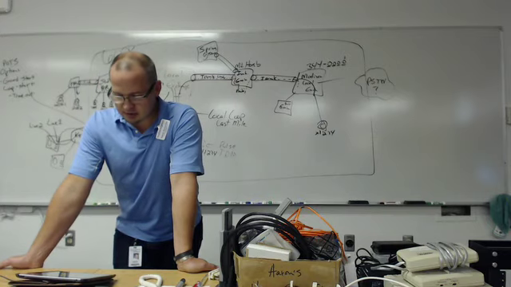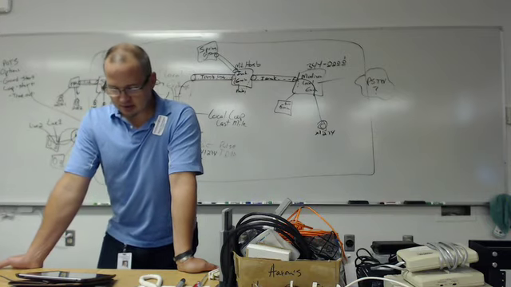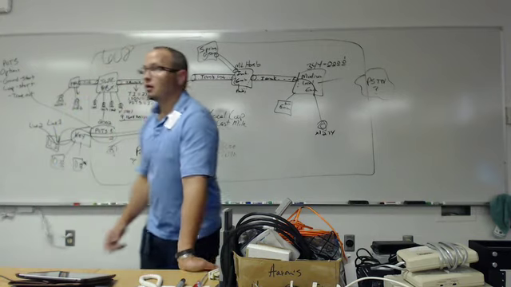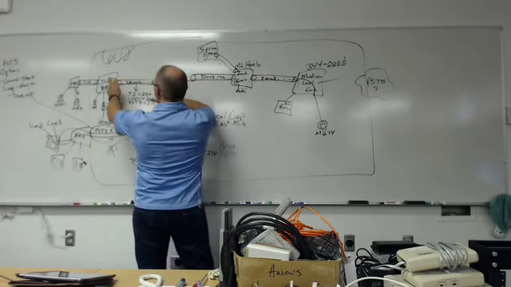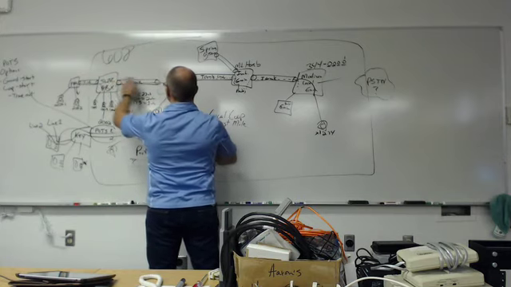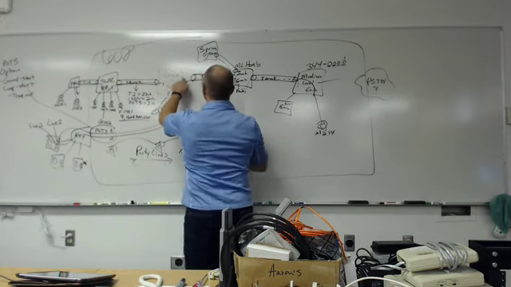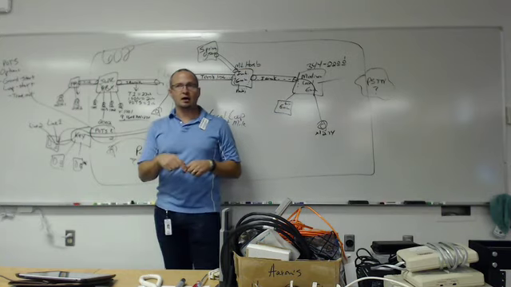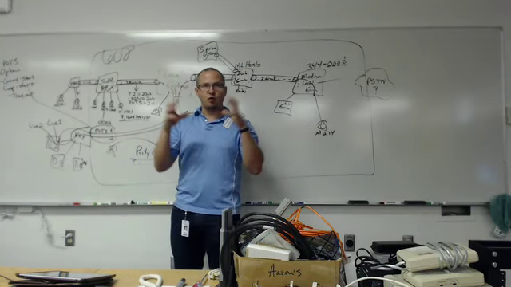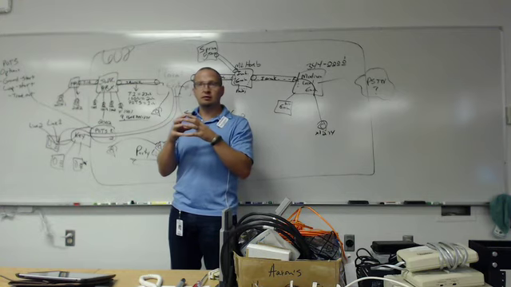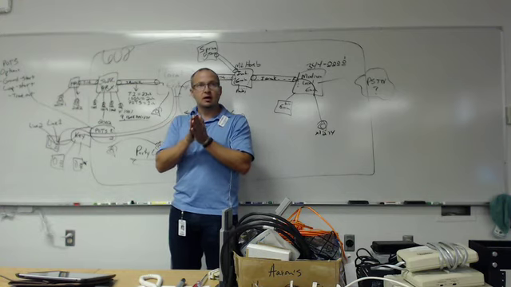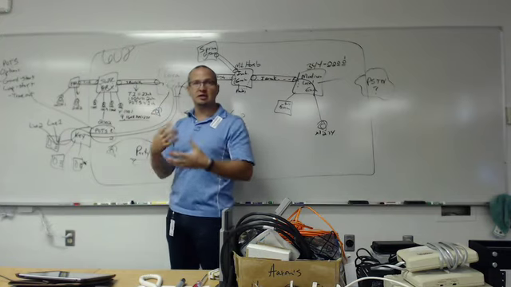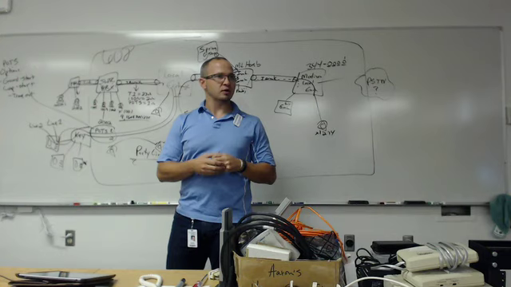Those are all different codecs, meaning how these trunk lines are used between the PBX and the local exchange, and how the local exchanges talk to each other with trunk lines. So that codec is how we format the data, the voice that we're sending, so the receiving exchange understands how to deal with it. So that's what those different codecs are.